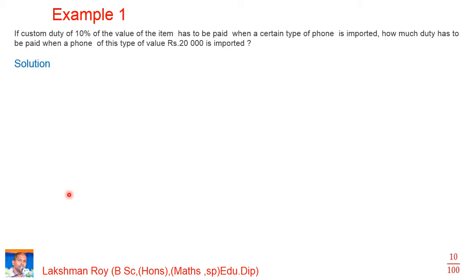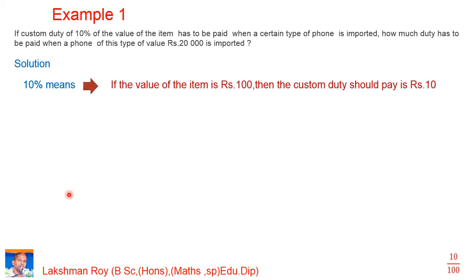Let's see the solution. You have to get an idea about what 10% means. What is the meaning of 10%? If the value of the item is 100 rupees, then the custom duty you have to pay is 10 rupees. That is the meaning of 10%.